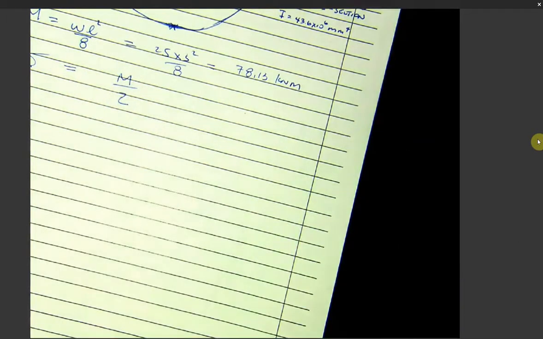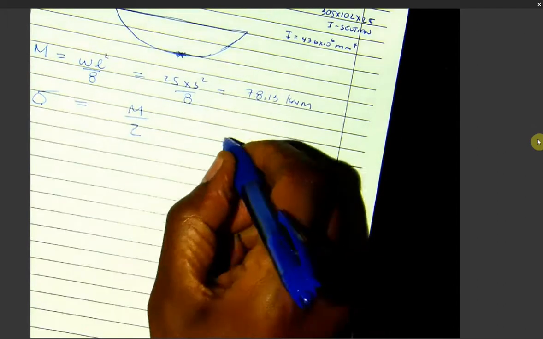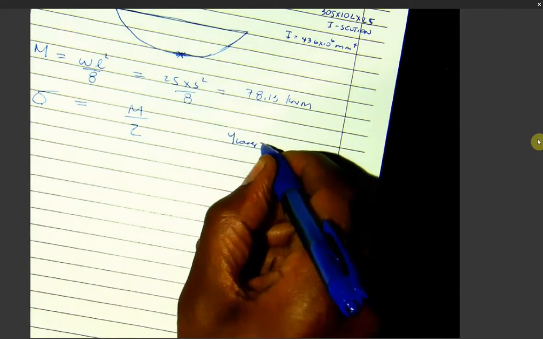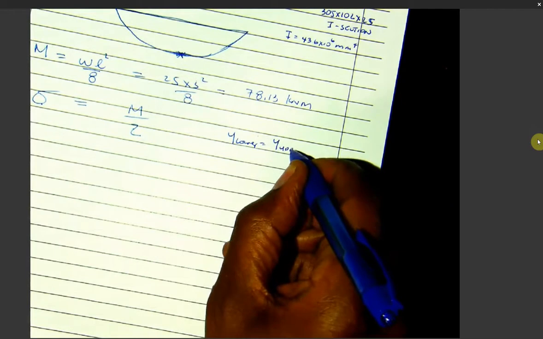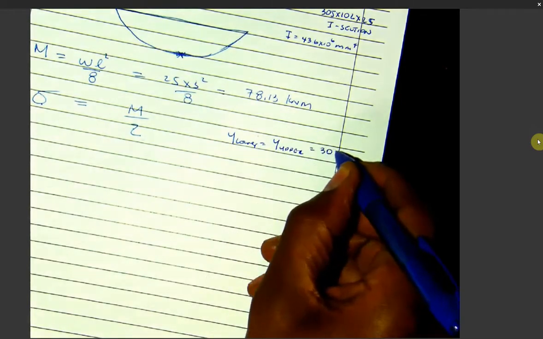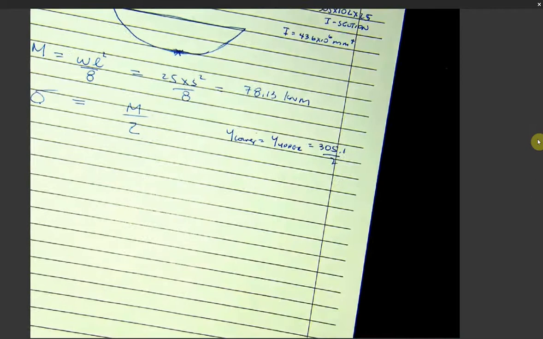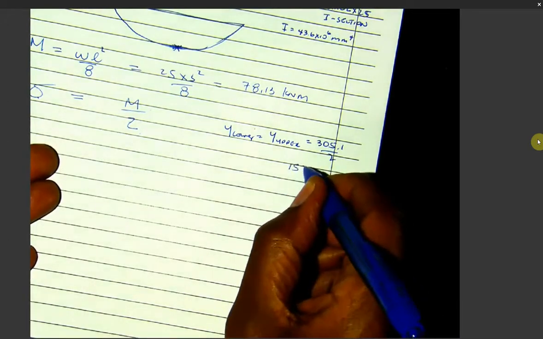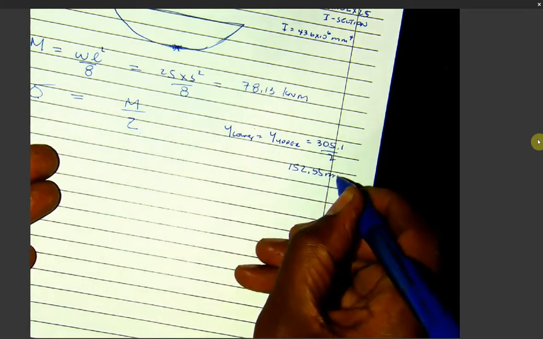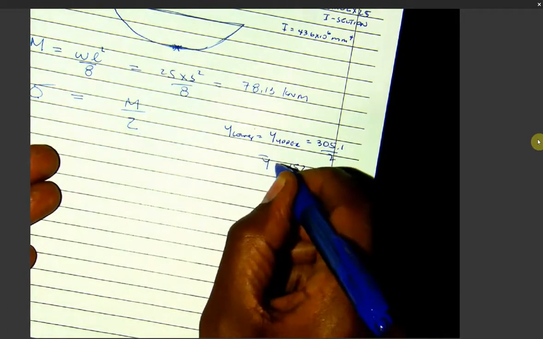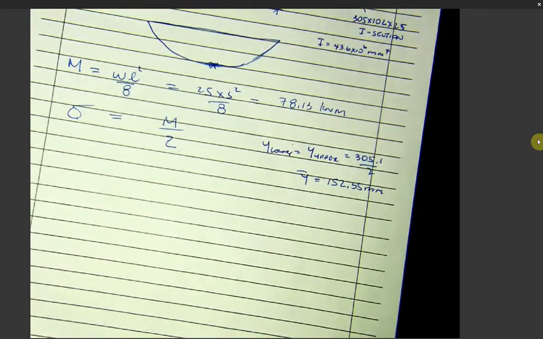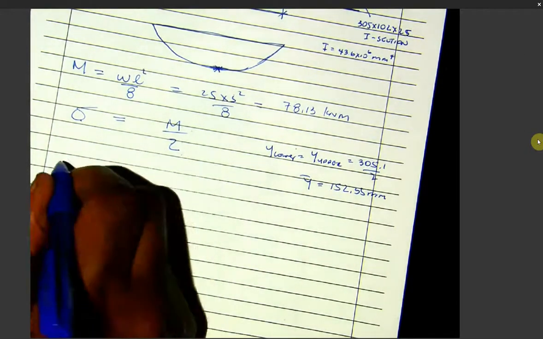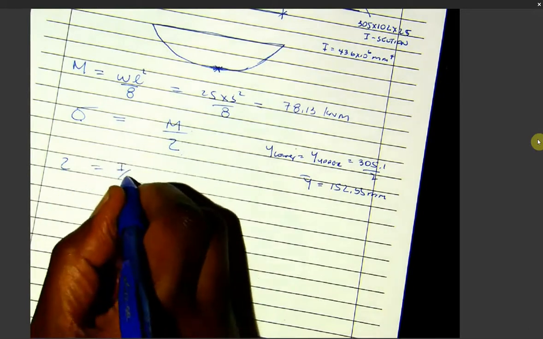Because it's a double symmetric section, my y lower is equal to my y upper, which is equal to 305.1 divided by 2, which gives me 152.55 millimeters. That is my y bar for that section. So now I'm calculating Z. Z is equal to I over y.